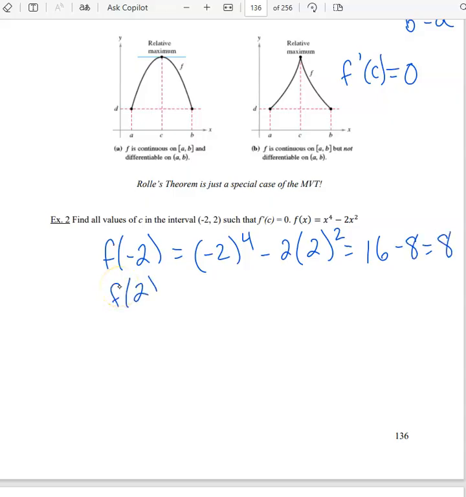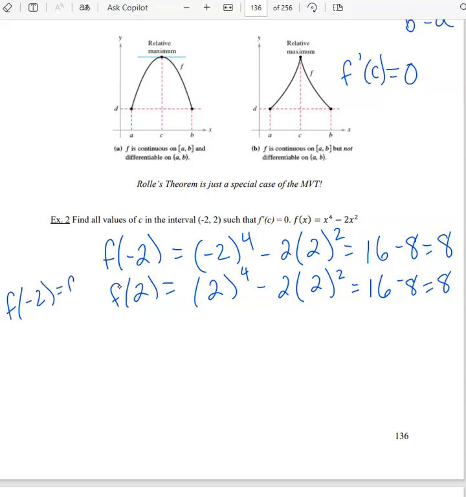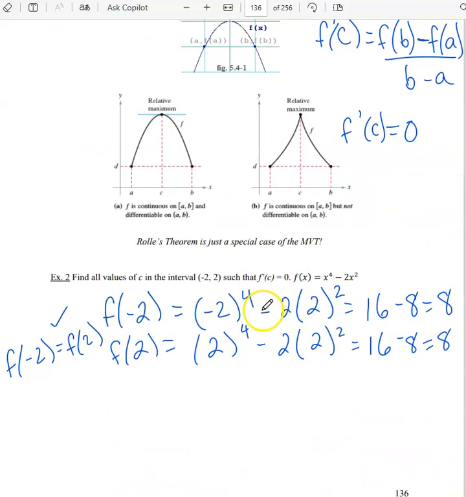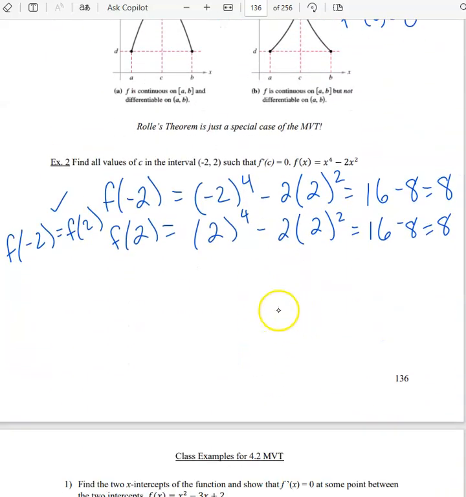And then f of +2, because of the symmetry here, it should be the same thing, but let's just verify it. 2 to the 4th, of course, is 16, minus 8 again, we get 8. So notice that we get the extra condition. F of -2 is equal to f of +2, right? That's the extra condition for Rolle's theorem to apply. So somewhere in that interval, there should be a location c where the derivative equals 0.